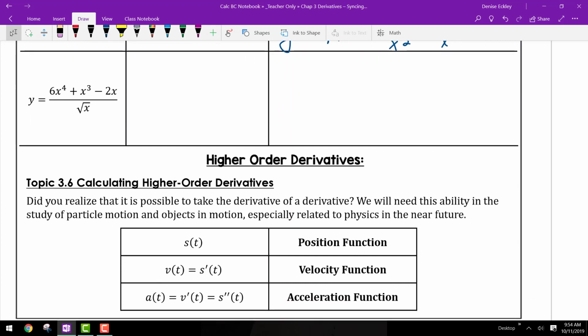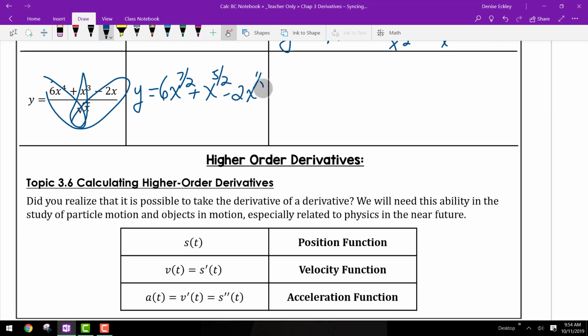Okay. And then finally, the last one of this set. Again, I can separate this into 3 separate fractions and simplify it. So y then becomes 6x to the 7/2 plus x to the 5/2 minus 2x to the 1/2.